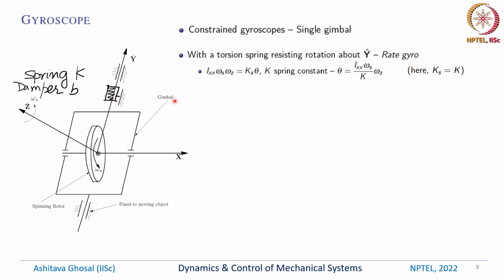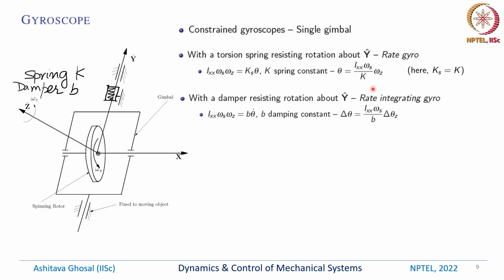So basically what we have is Ixx into omega z and omega s is equal to Ks into theta. So there is some theta rotation happening over the y-axis. There is a torsional spring. So Ks into theta will be equated to Ixx into omega spin and also omega z. So the spring constant is K, and from here we can see that theta is given by Ixx into omega s divided by K into omega z.